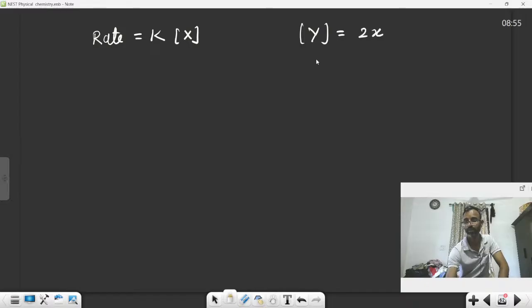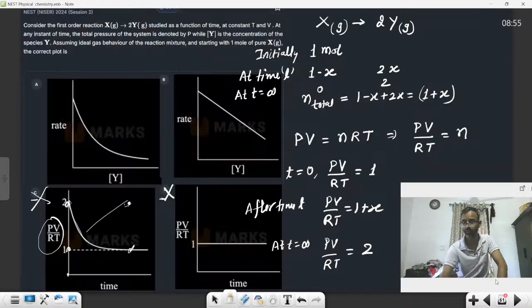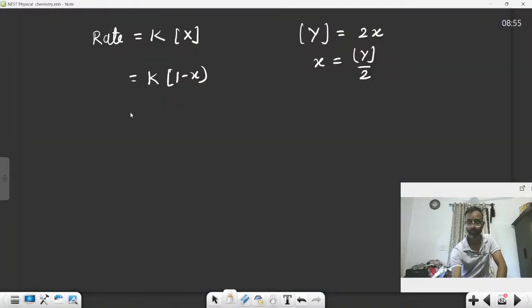That implies X is equal to Y by 2. And this rate becomes, after time t, it is 1 minus X. That is K minus Kx. But in terms of Y, it becomes K times Y upon 2.